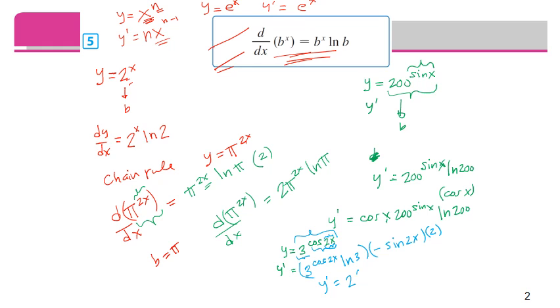So ilan lang siya, 2, 3 to the cosine of 2x, which is the power, and then ln of 3, and let's put the negative sign here, and then sine of 2x.